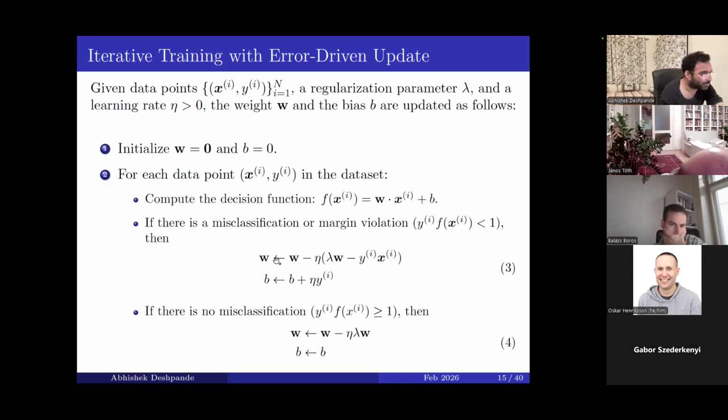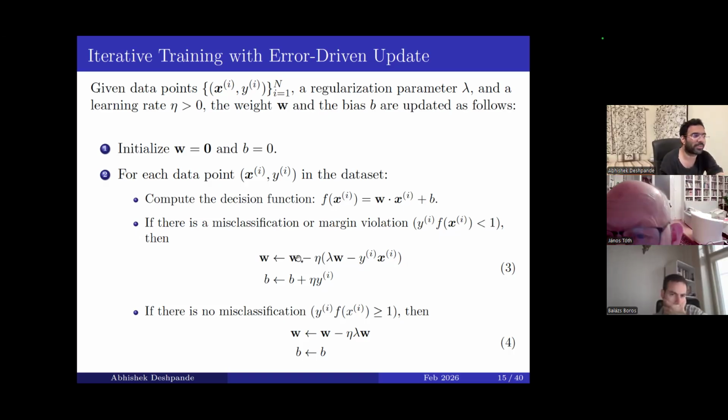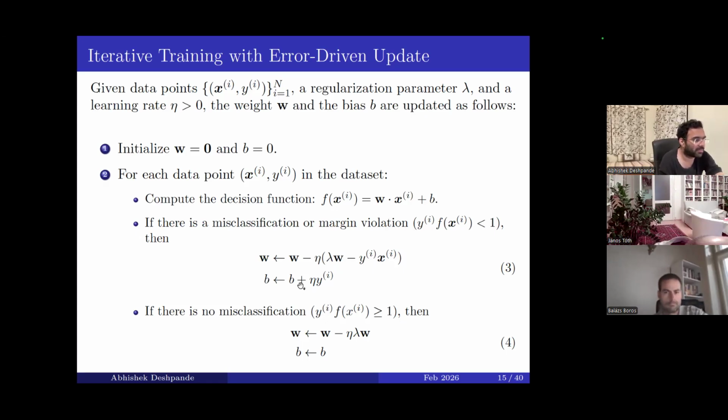Given an original W vector, you change W by going W minus the learning rate eta times the regularization parameter lambda times W minus yi times xi. And the bias, note, W is a vector, but bias is just a scalar, is updated as the bias plus eta times yi.